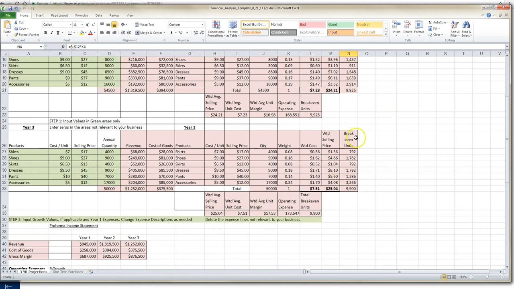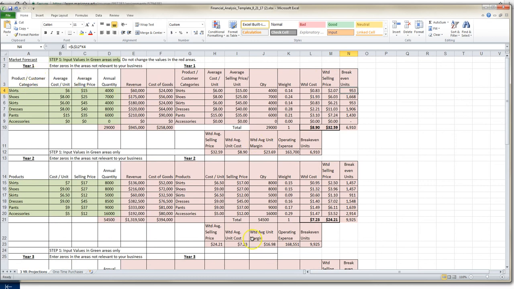Now, if you find out, for example, that your break-even quantity is really not reasonable, then you've got to go back and think about what can you do to alter some of the inputs in your marketing strategy in order to get to, at the very least, a reasonable break-even point. So this spreadsheet tool will give you the opportunity to do some reasonable financial analysis and think about what it's going to take to make your business not just viable, not just break even, but profitable.